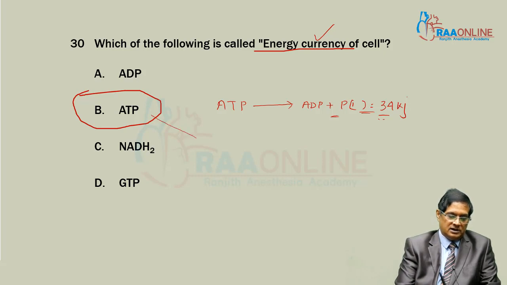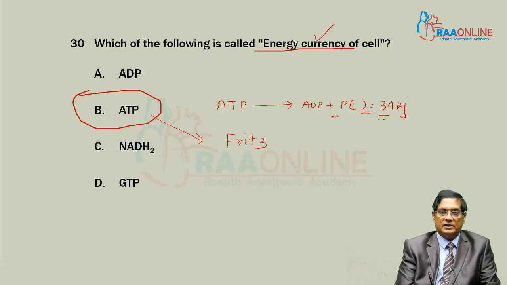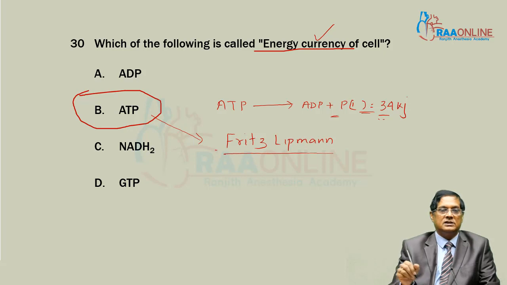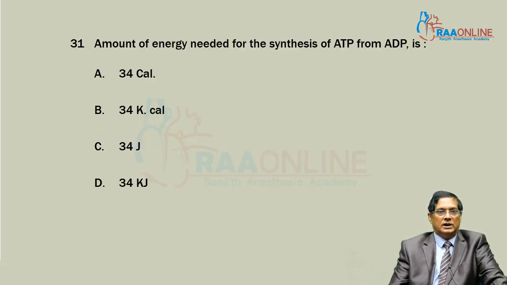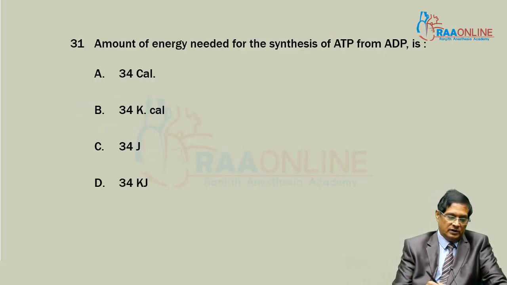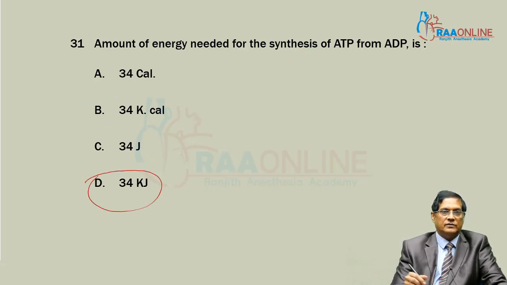According to Fritz Lippmann, ATP are known as the energy currency of a cell. The amount of energy released, I have already given, is 34 kilojoule.